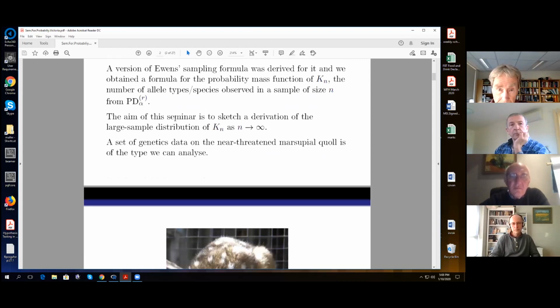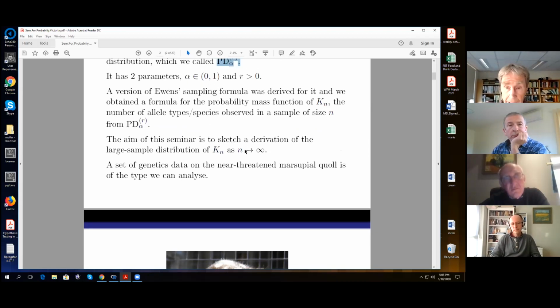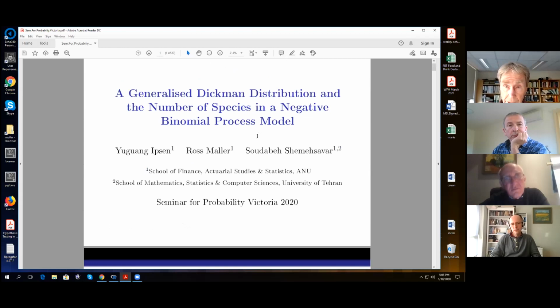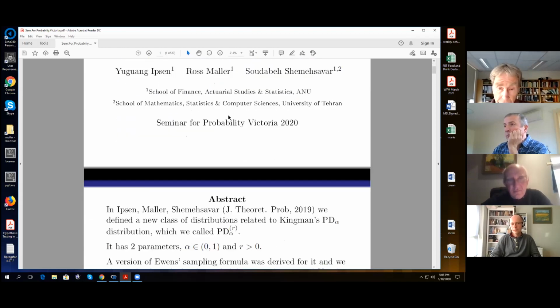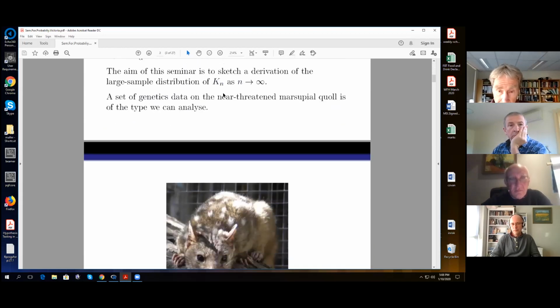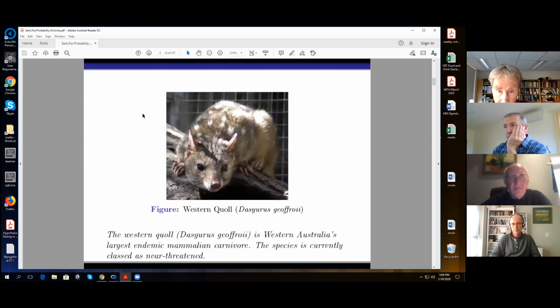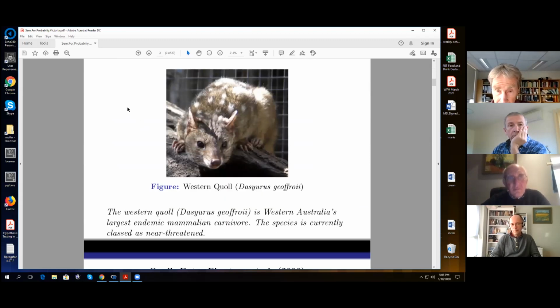And what I want to do in this seminar is sketch a derivation of the large sample distribution of Kn as n goes to infinity, and in doing so, bring in the connection with the so-called Dickman distribution or generalized Dickman distribution. So the sort of data that we're looking at, I can use this little critter here to motivate the data. We found this in the literature. This is a quoll, a cute little guy.